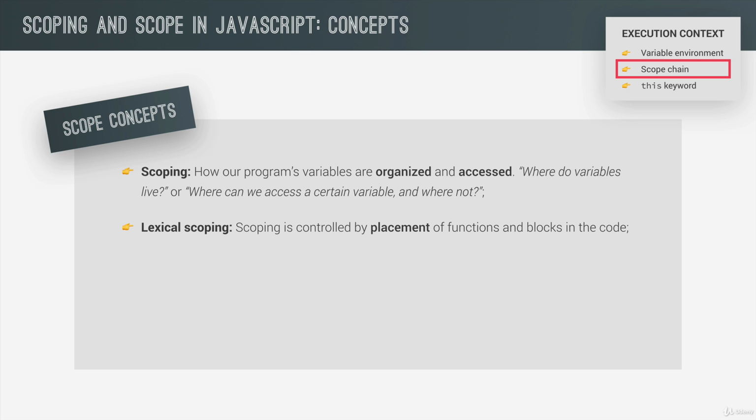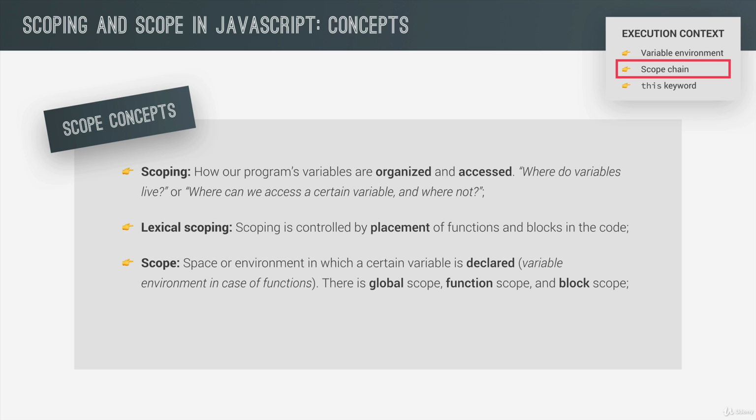Okay, and now about scope itself. Scope is the space or environment in which a certain variable is declared. Simple as that. And in the case of functions, that's essentially the variable environment which is stored in the function's execution context. So if now you're asking yourself, what's the difference between scope and variable environment?